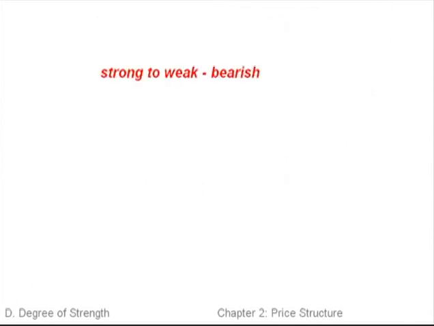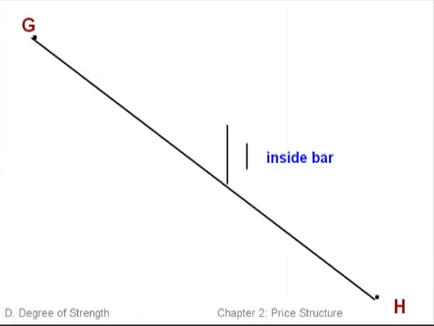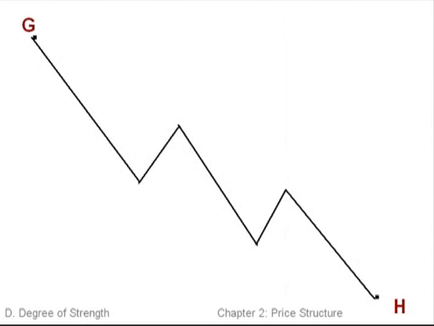Let's take a quick look at the bearish scenario. The strongest move, of course, is the bar to bar move. Next is the bar to bar move with an inside bar or an outside bar. Next is the measured move with a shallow retracement. Then there are two measured moves back to back with shallow retracements.